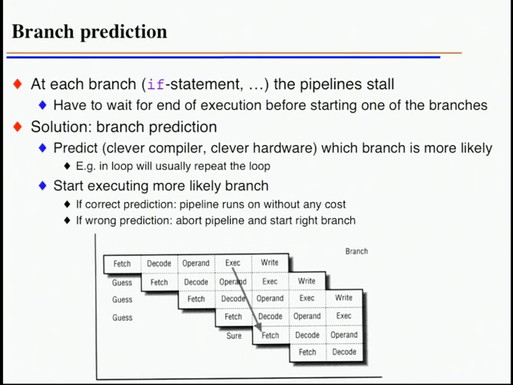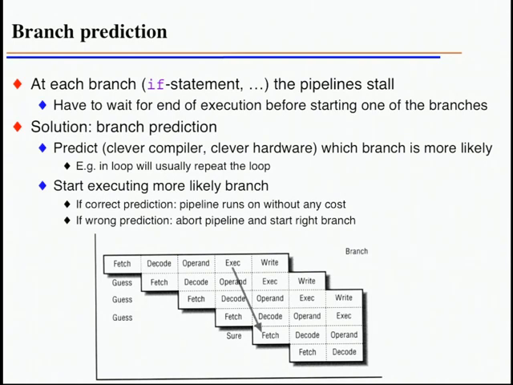So what modern CPUs are actually doing is they're just guessing, and they start executing some instructions that they think will be rather likely. And if they guessed correctly, they can have the pipeline running on, producing results every cycle without any pipeline stall.